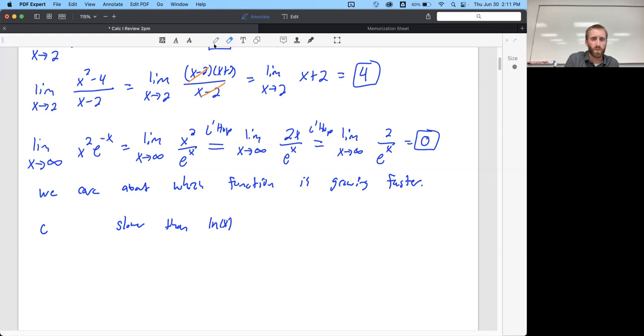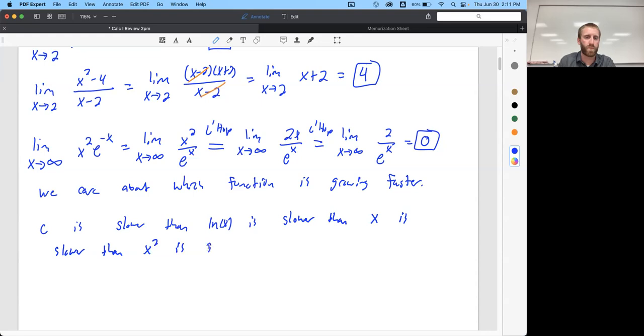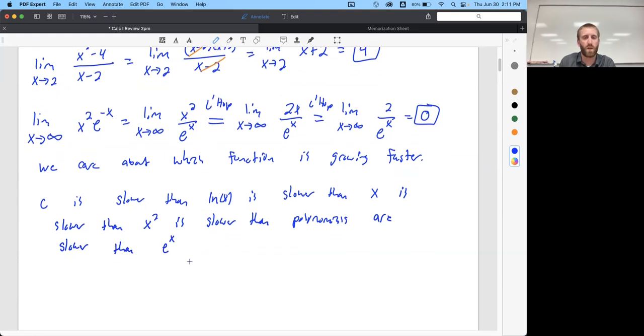Let me say is instead of are, which is slower than linear functions, is slower than something like x squared, is slower than polynomials with a higher degree than x squared, which are slower than exponentials like e to the x, is slower than factorials.